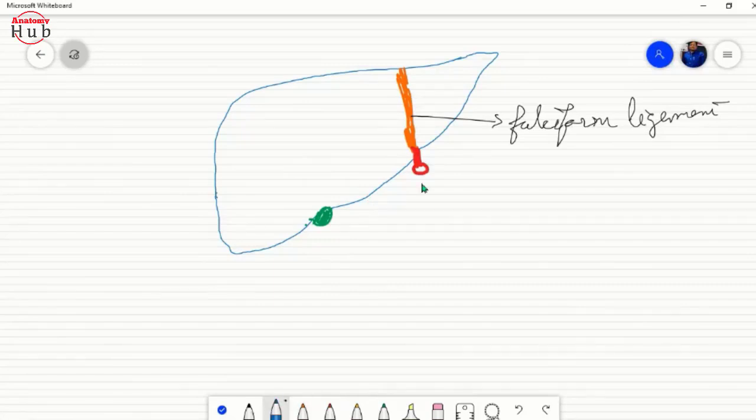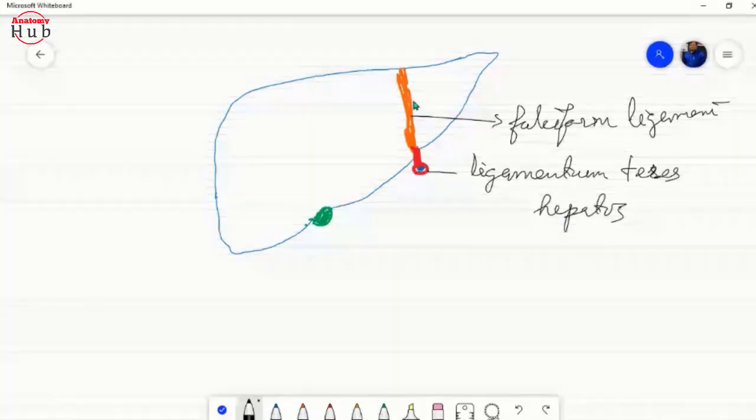That structure is present here at the inferior part of your falciform ligament, and this ligament is known as your ligamentum teres hepatis.